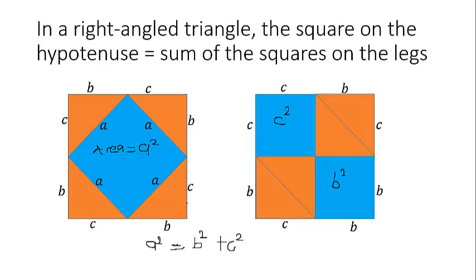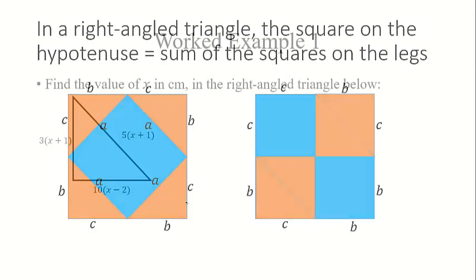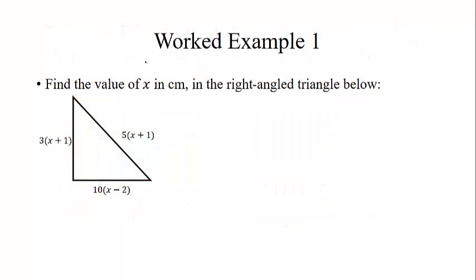Now let's look at how we can use this theorem to solve questions. We are supposed to find the value of x in centimeters in the right angle triangle below.